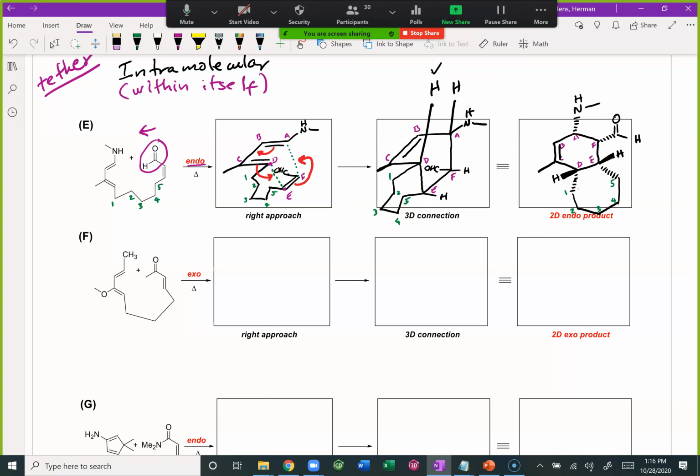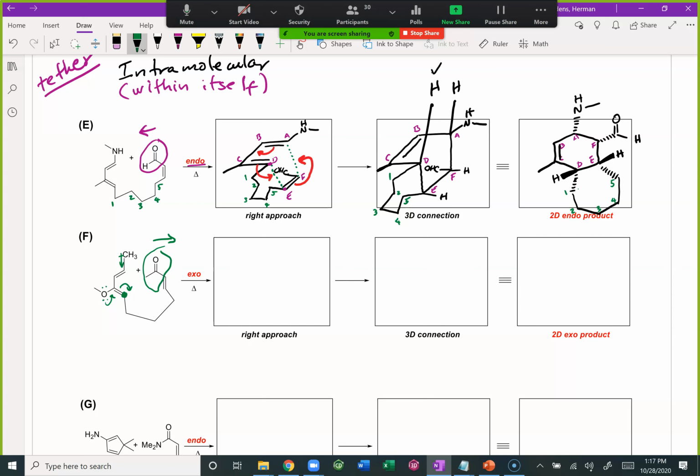All right, so let's do the exo approach. Again, notice that for the exo, this group has to be on the right. And this carbon happens to be the most electron rich, also because the methyl group is adding electrons to the pi bond system.